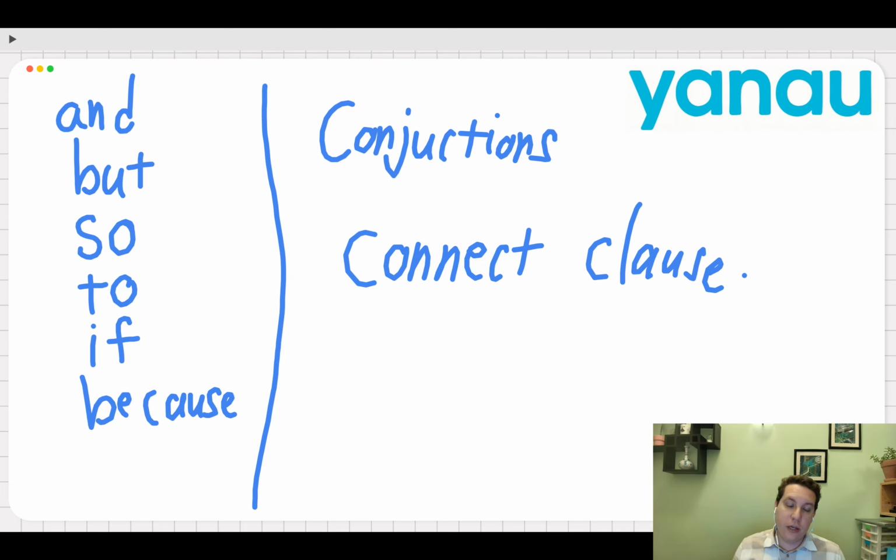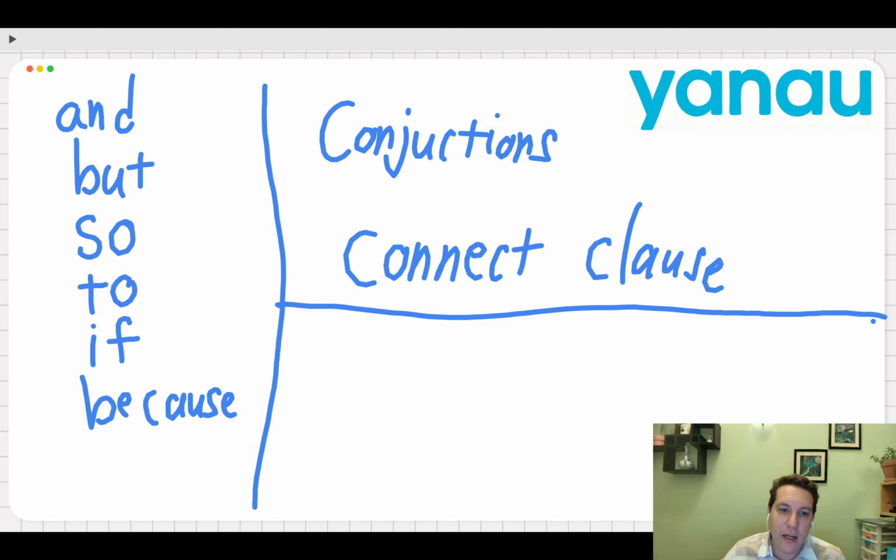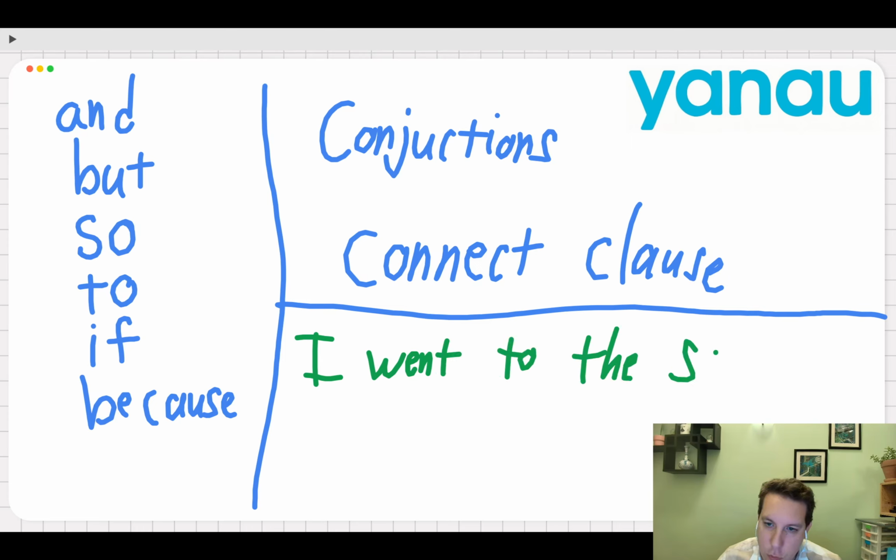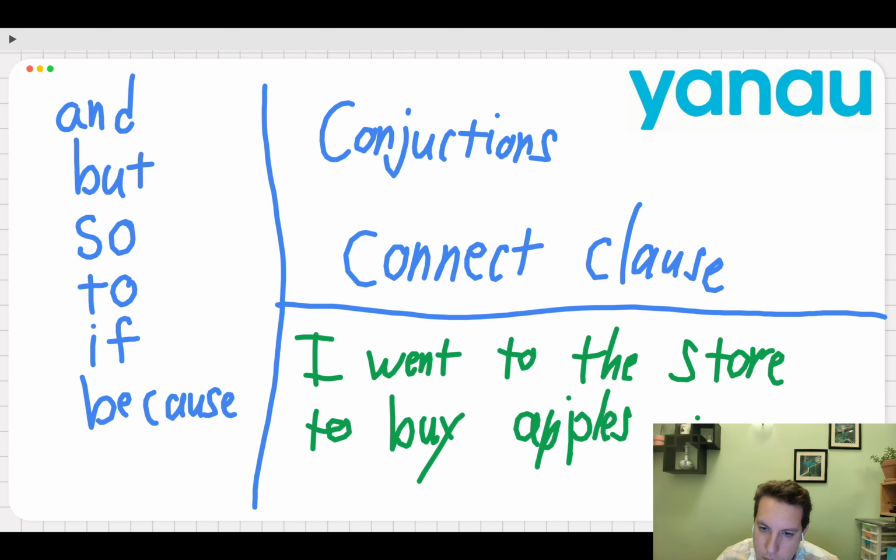Now a key point here is that not every use of and must be using it as a conjunction. Let me give you an example of using and where it's not a conjunction. Similar sentence to before. I went to the store to buy apples and, I don't know, grapes.